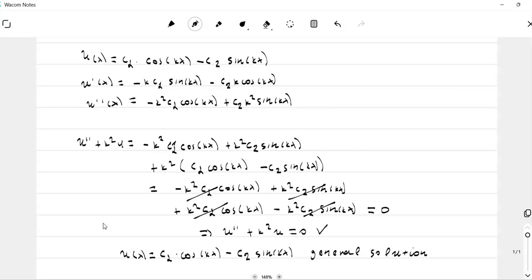So there are global research projects. There are people that make a living on the Helmholtz equation and how to solve this problem efficiently using numerical methods.